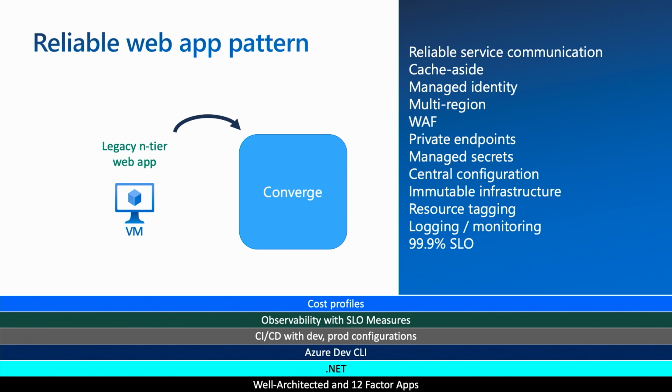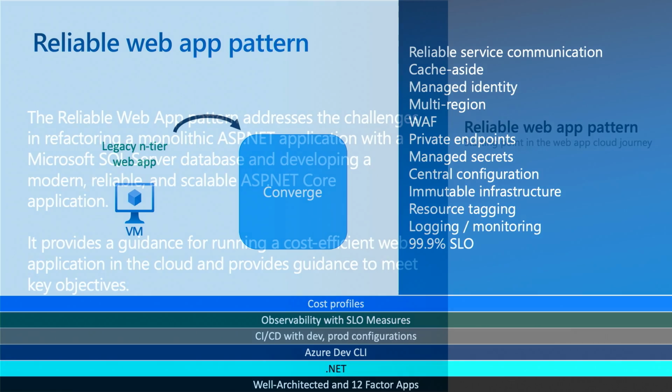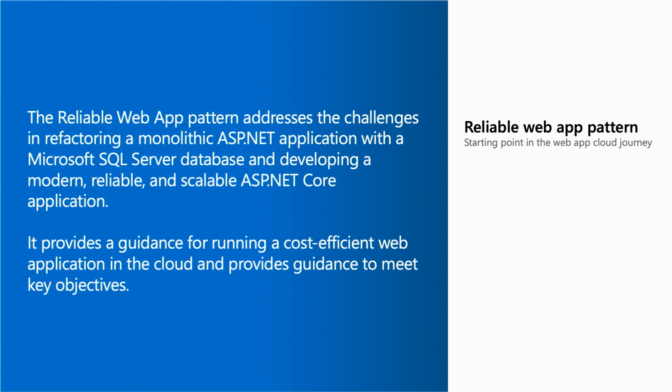So we're converging on the cloud. Our legacy n-tier web application has SQL Server as the back end right now. Our cloud journey is that we are going to apply a reliable web app pattern to make it great, and it's our first step in the cloud journey. So let's define it just a second more. The reliable web app pattern addresses the challenges in refactoring a monolithic ASP.NET app with a SQL Server database and making it a modern, reliable, scalable ASP.NET Core app.